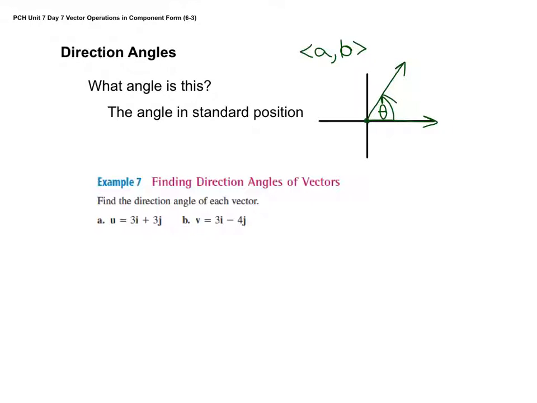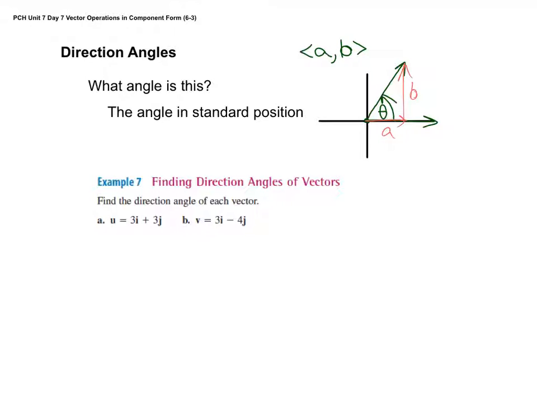Alright, so if I have this vector where I'm going over a and I'm going up b, the direction angle would be what? How would I find theta in this case? Find b over a. Oh, no, you use the arc tangent. Inverse sine. No, not sine. Oh, tangent.